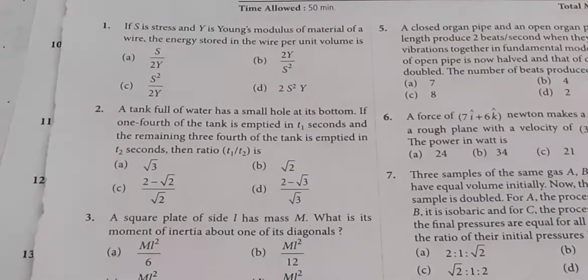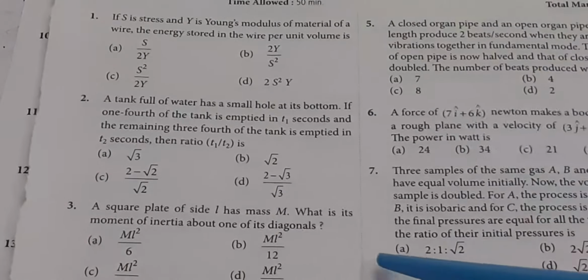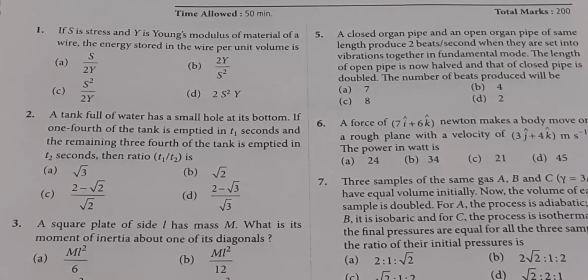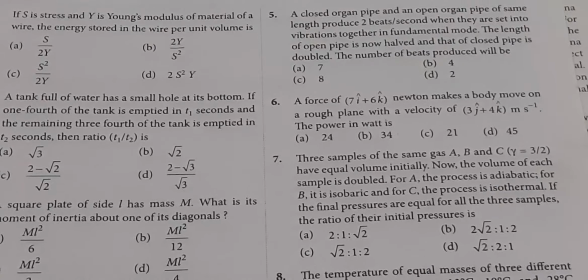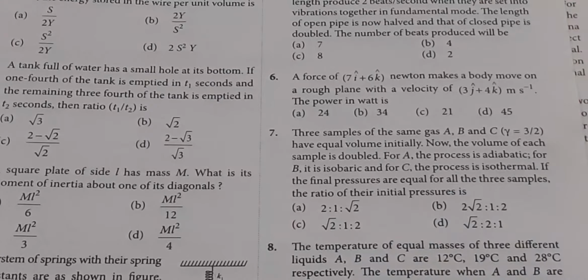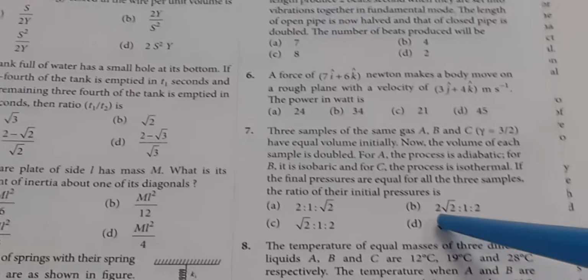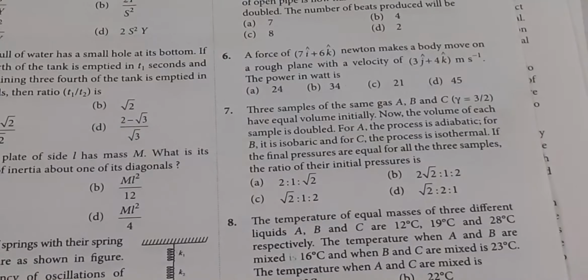Now come to the next question. Here you can see 3 samples of the same gas, A, B, C, with gamma given as 3 by 2, having equal volume initially. Now the volume of each sample is doubled.